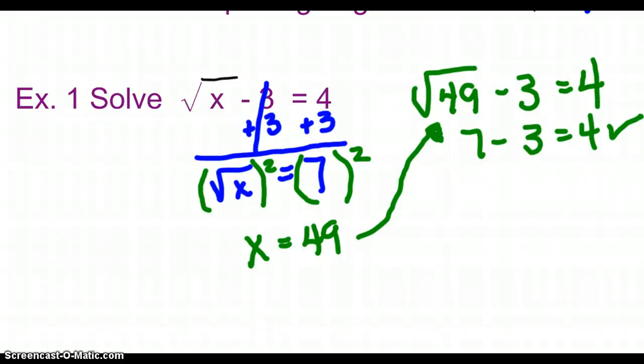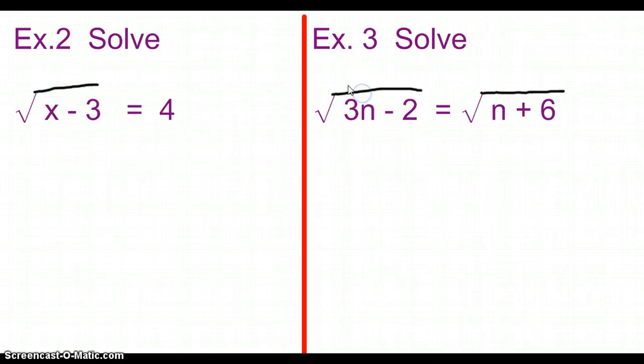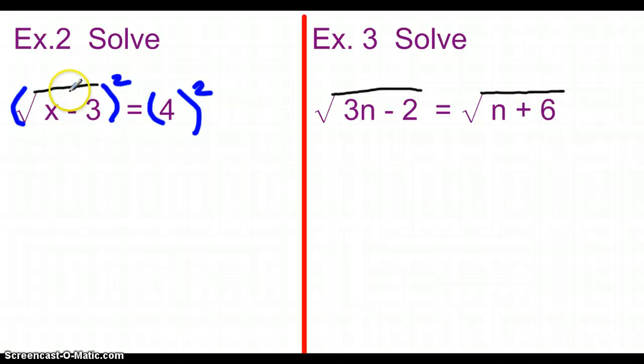Okay, let's look at another example. In this one, the square root is already all by itself. So I'm going to start by squaring both sides. When I square this, the square and the square root cancel each other out, so I'm left with x minus 3. 4 squared is 16.